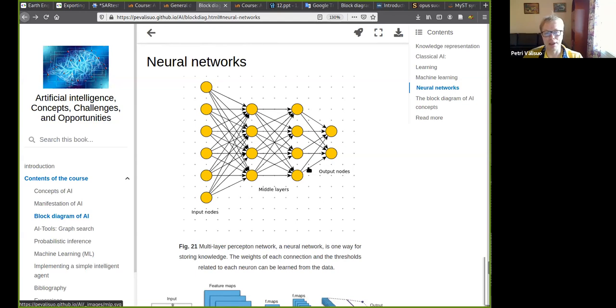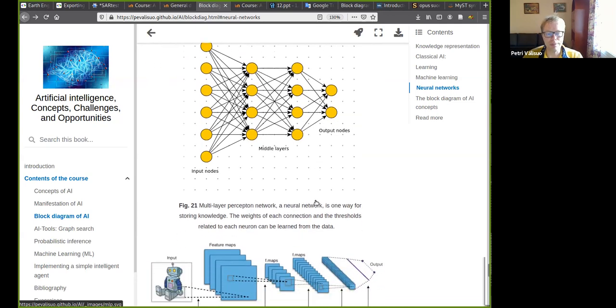But then if you need more middle layers, then you need more data for training. So I wouldn't say that there is exact knowledge of how many middle layers are needed in which case.